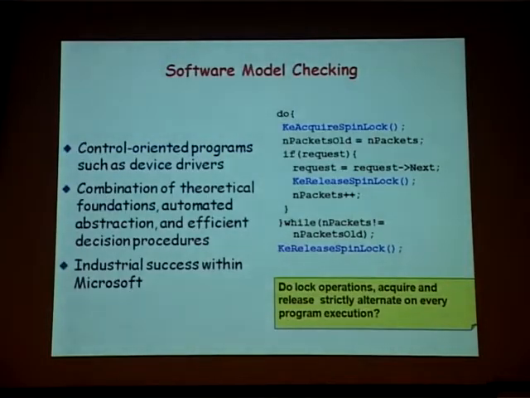Here is an example of a program, and this is from a device driver. Here is C code, and what we want to check is the order in which this code acquires locks. Here is the instruction to acquire a lock, and here is an instruction to release the lock. We want to make sure that every lock that's acquired is released, and that it's an alternating sequence.